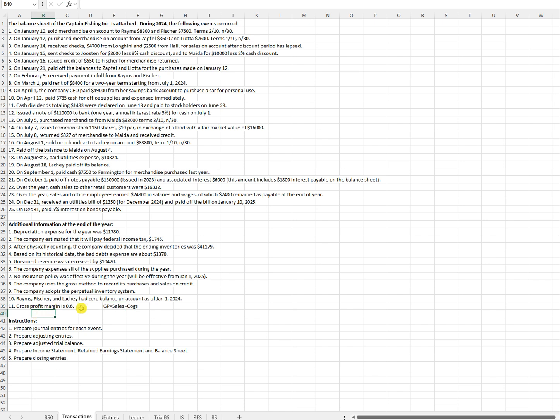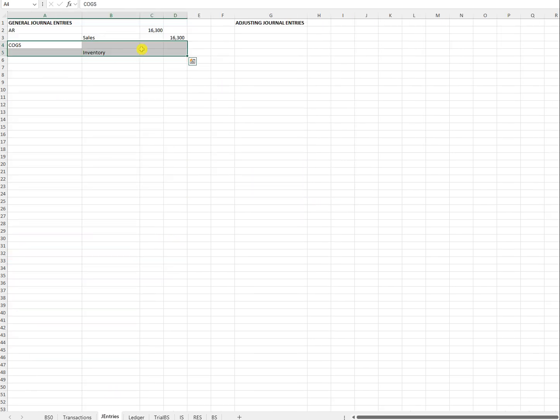So if the gross profit margin is 0.6, gross profit divided by sales is 0.6, then for every $100 of sales, the cost of goods sold will be $40. So our cost will be 40% of sales. This is how we determine the cost of goods sold.